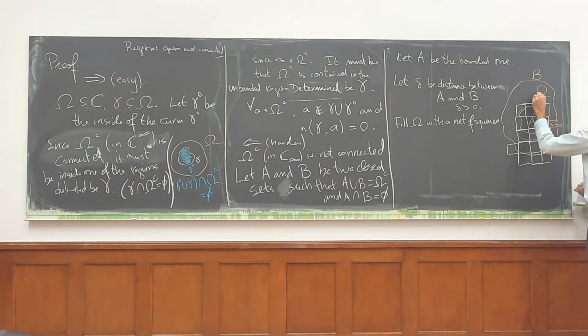And so on and so forth. Okay, so I'm drawing a net of squares around all my set omega, right? So it goes on.